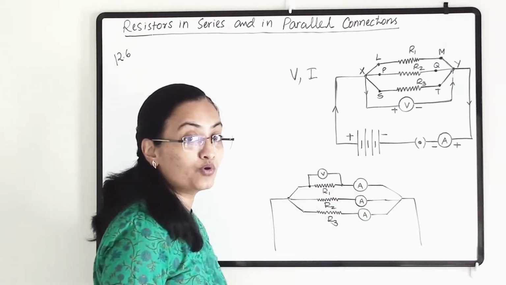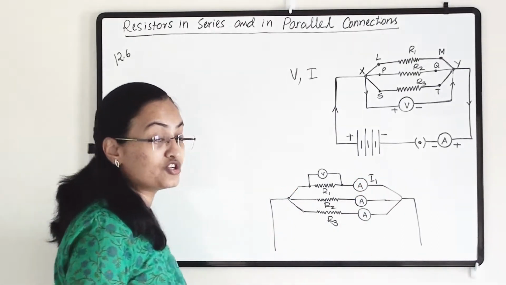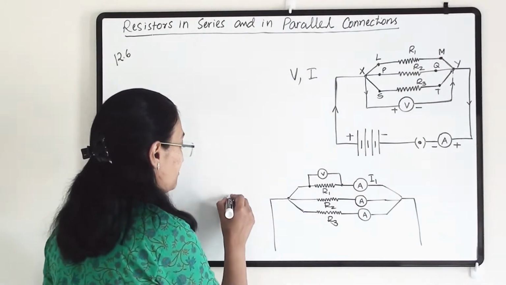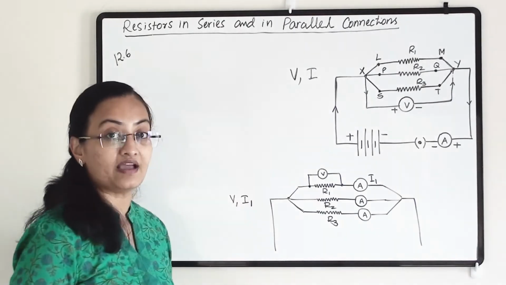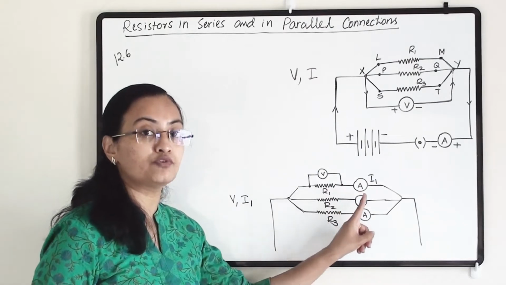Here we get the value I1 for the current passing through resistor 1. So we will get a voltmeter reading and a current reading, that will be I1. And obviously the current value will change because it has passed through the resistor.